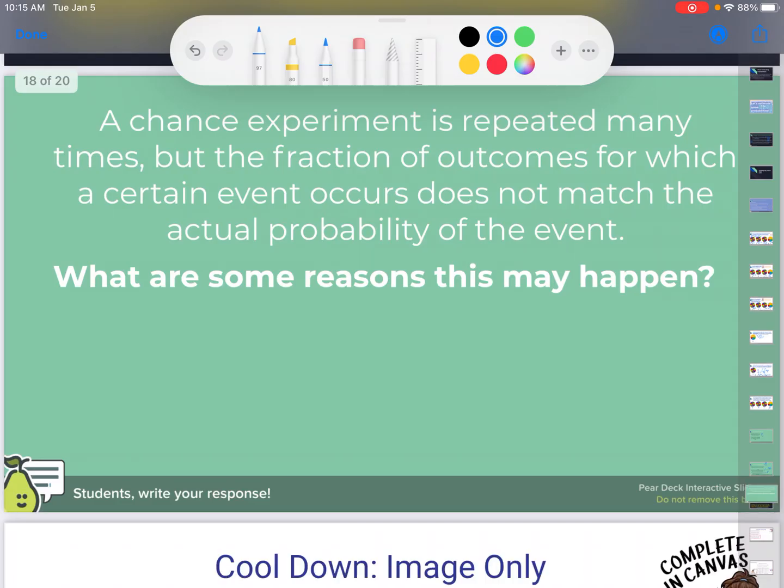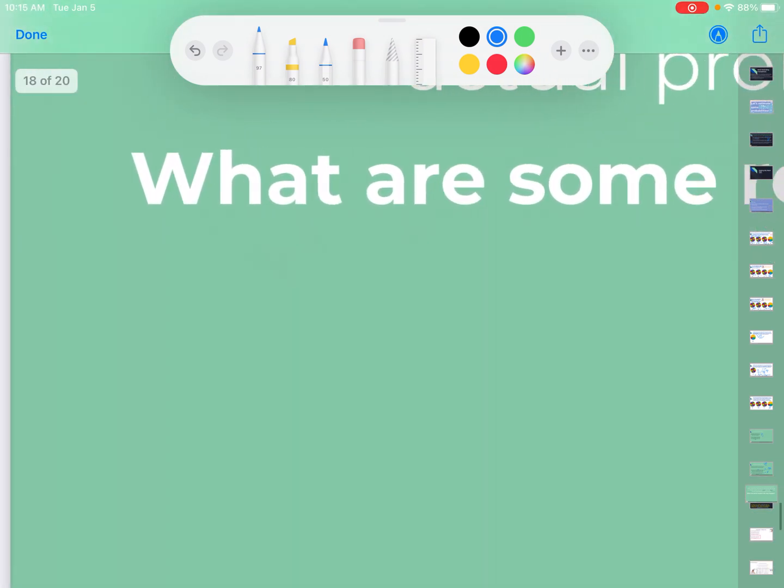So a chance experiment is repeated many times, but the fraction of outcomes for which a certain event occurs does not match the actual probability. What are some reasons this might happen? Well, the experiment could be flawed, like, for example, the binder.